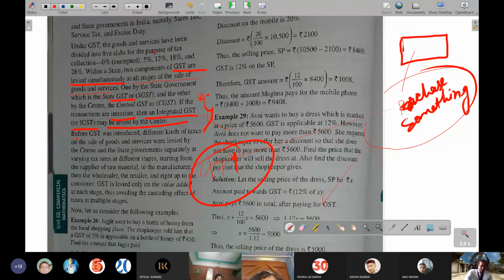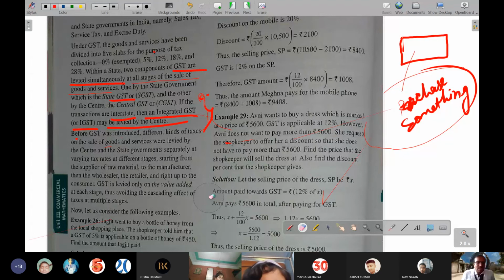Okay. Yes, sir. So now just see, before GST was introduced, different kinds of taxes like sales of goods and service charge were levied by the center and state government separately, with varying tax rates at different stages, from the supplier of raw material to the manufacturer, then the wholesaler and the retailer, right up to the consumer.